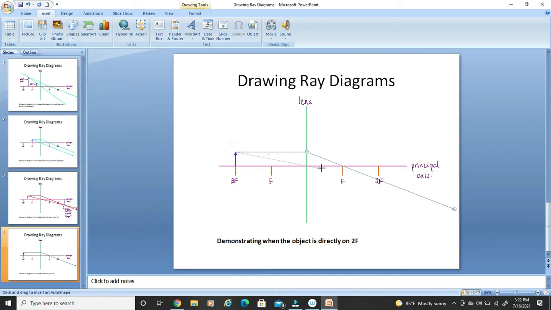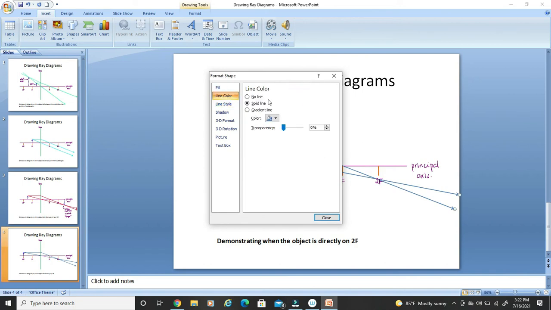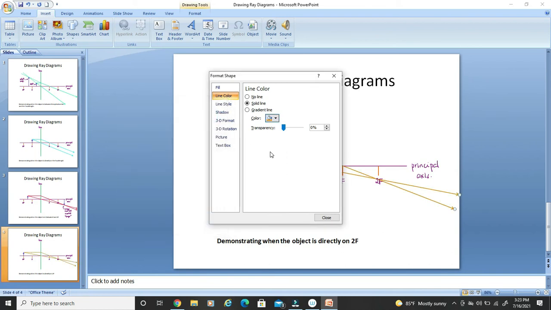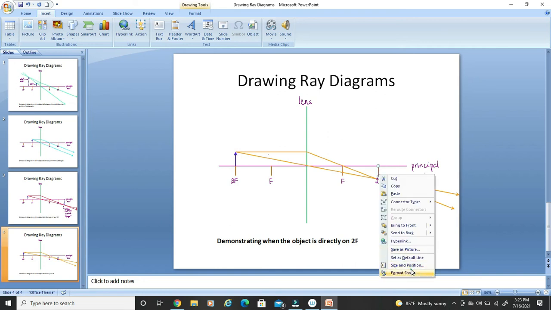And the second ray will pass from the top of the object through the optical center diagonally, and then the crossover, and we see that the image again forms on the right hand side of the lens.